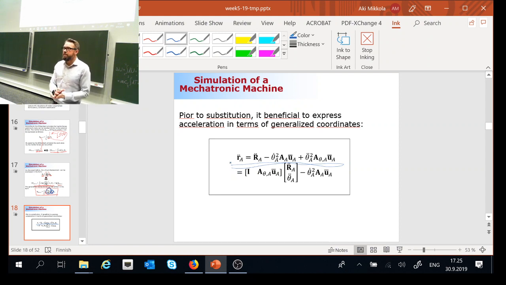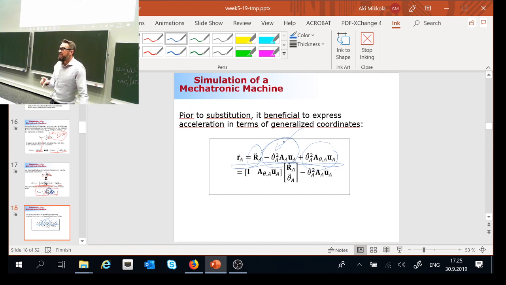And we concluded that the acceleration consists of 3 components: translational acceleration, then tangential acceleration, and a normal acceleration. And this is the painful one, because it's quadratically related to velocities.